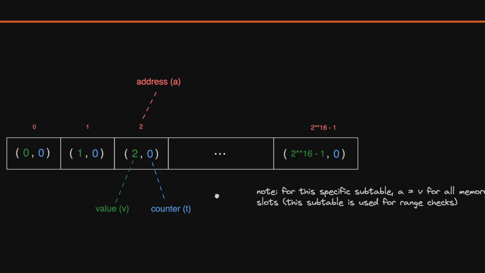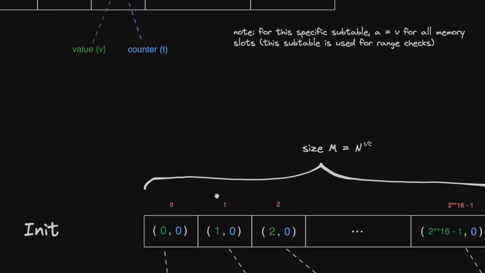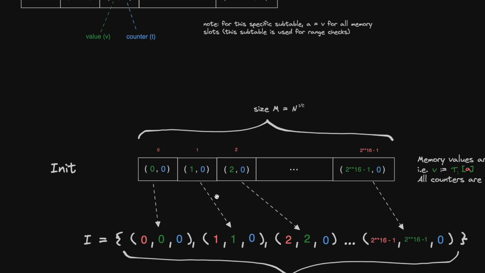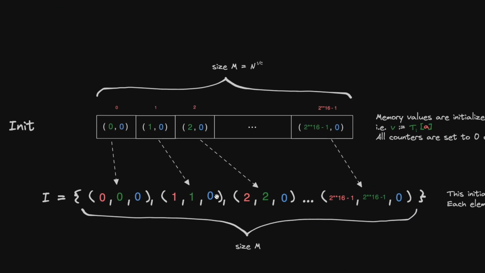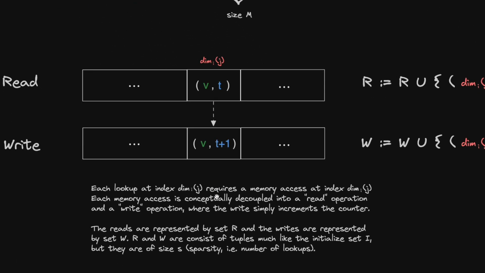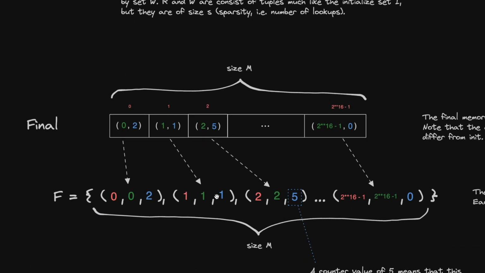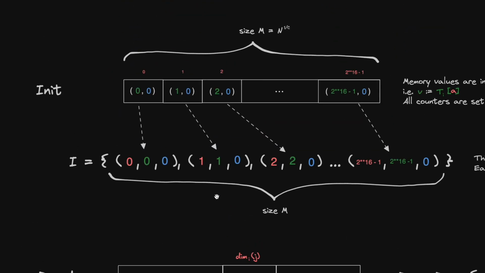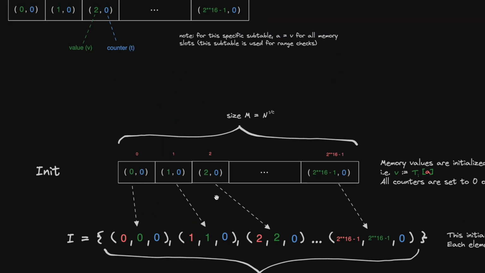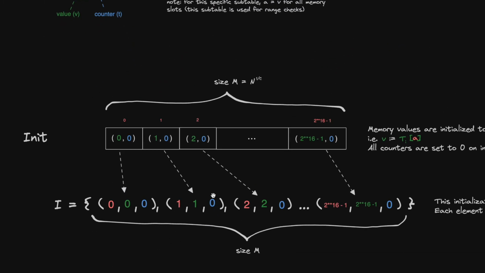So to take a sequence of lookups and represent them as memory access patterns, we're going to think of this as occurring in 4 phases. We'll have an initialization phase, a sequence of reads and writes, and end up at the final memory state. In the initialization phase, the memory values are all initialized to the corresponding subtable entries.